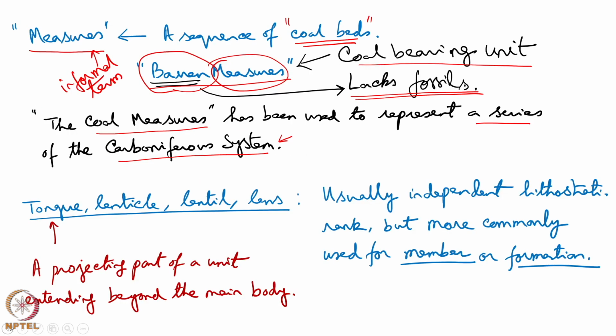Okay. Now, we are going to see the use of the terms tongues, lenticles, lentils and lenses. What are they? They are the projecting part of a unit extending beyond the main body. In a very idealized diagram, this is the main body and then there is an extension, then this is the tongue and this is the main body of rock.